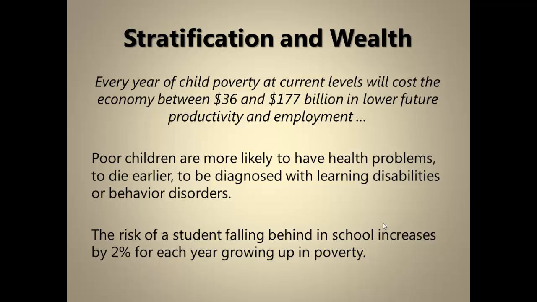And the risk of a student falling behind in school increases by 2% for each year a child lives in poverty. So poverty is an issue that not only affects the individuals who are living in those homes, but affects all of our society, and is something that needs to be addressed on a societal level.